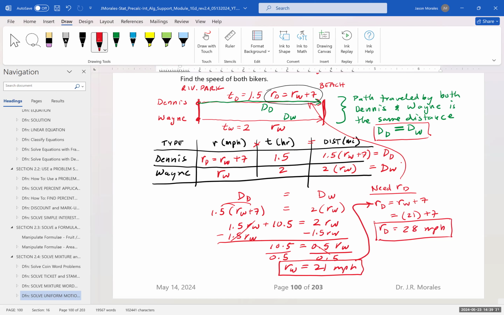So find the speed of both bikers. So the speeds of Dennis and Wayne were 28 miles per hour and 21 miles per hour, respectively.